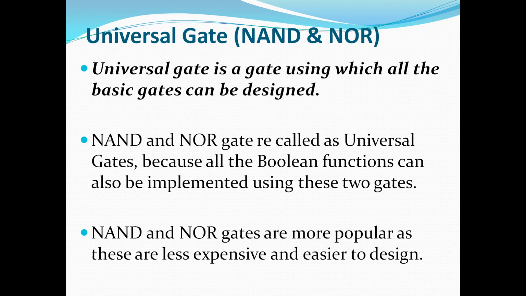But if you use only the NOT gate, it is not possible to design other gates. If you use only the OR gate, or only the AND gate, it is not possible to design all the operations.